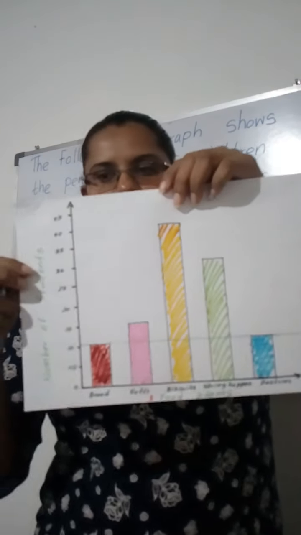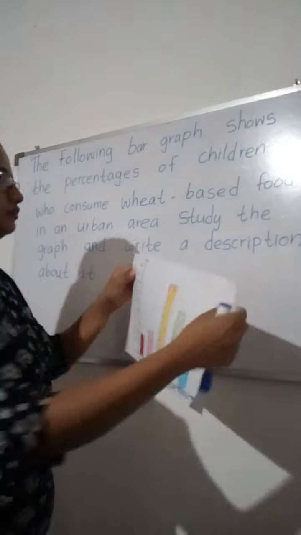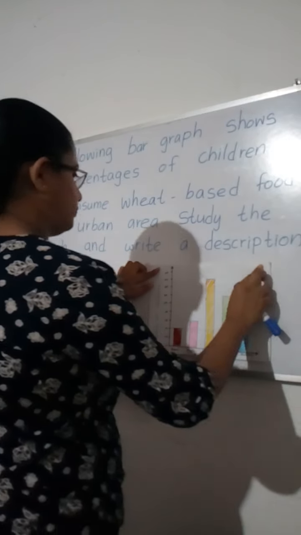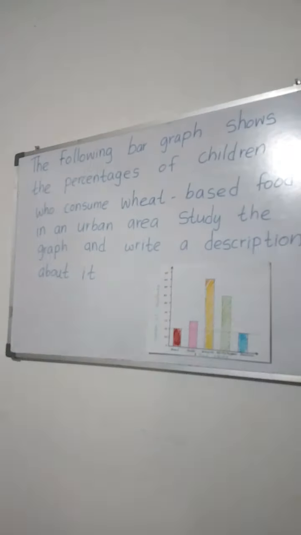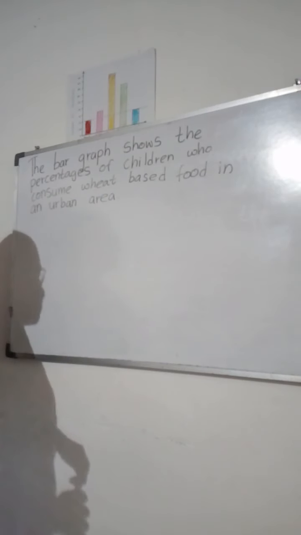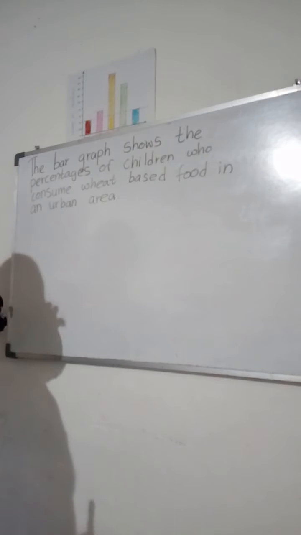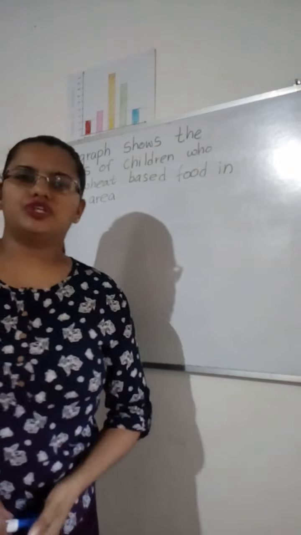Okay. Now, we can discuss how we are going to write a description about this graph. Okay, look at this bar graph now. We are going to write the description. As the first sentence, look at your question.